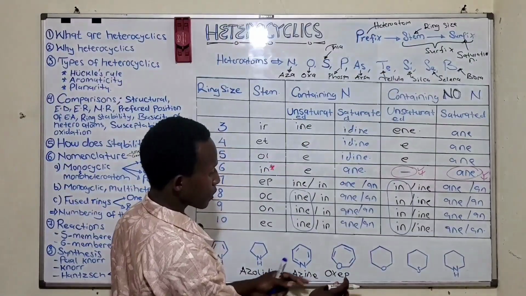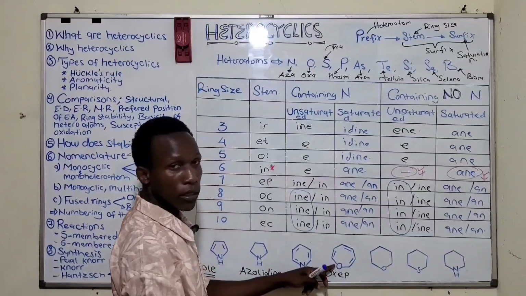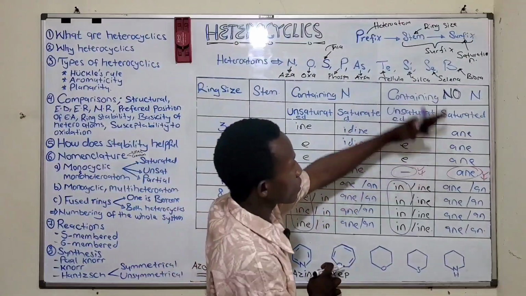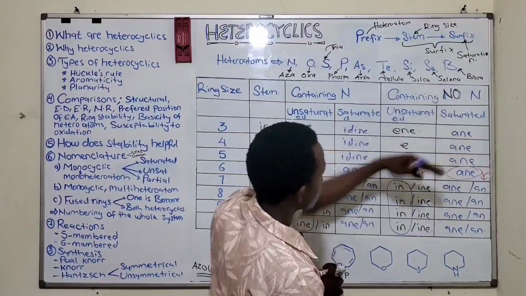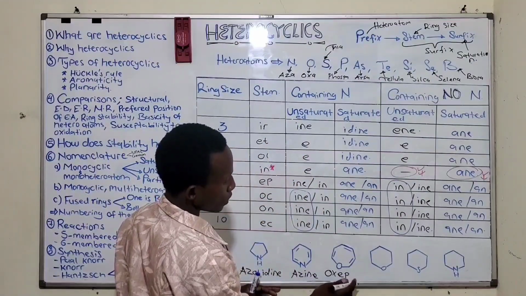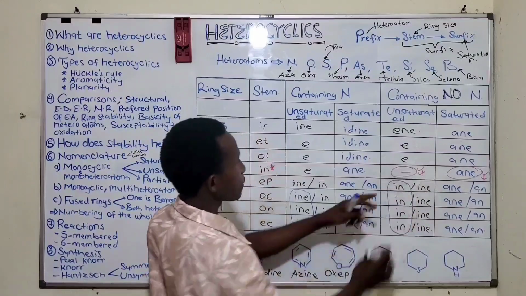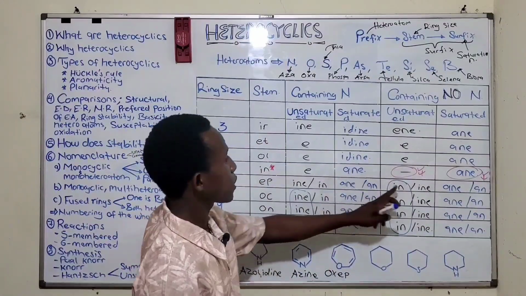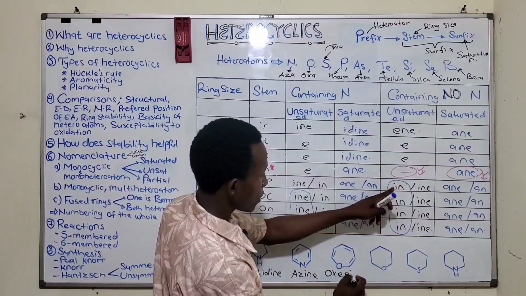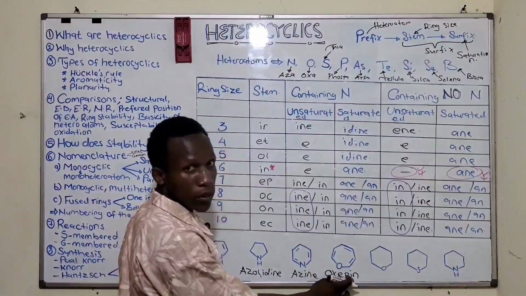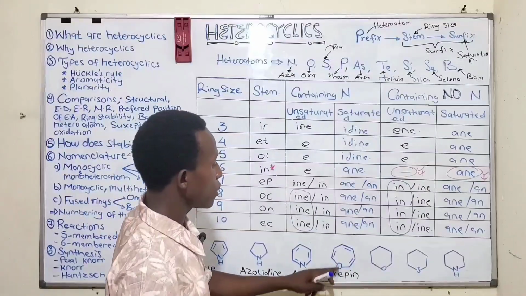Is it containing nitrogen? It is containing no nitrogen. So it is under this row and under this column. It's unsaturated here. Unsaturated, we add IN. So it is oxepine. This one is called oxepine.